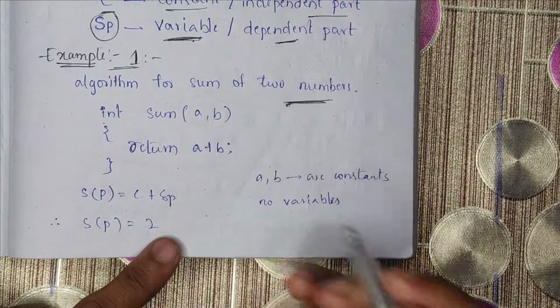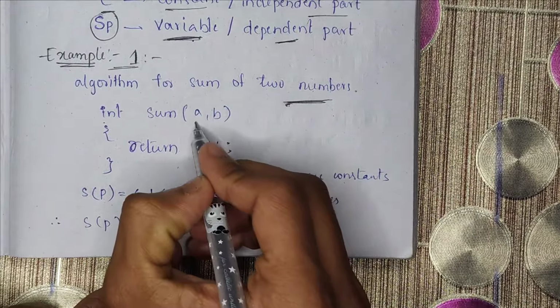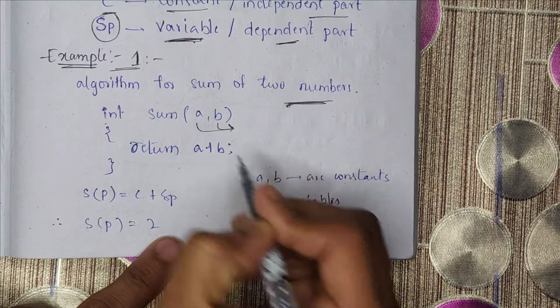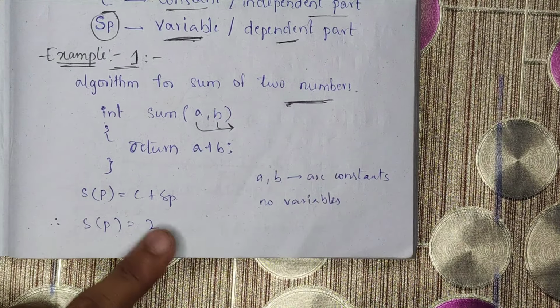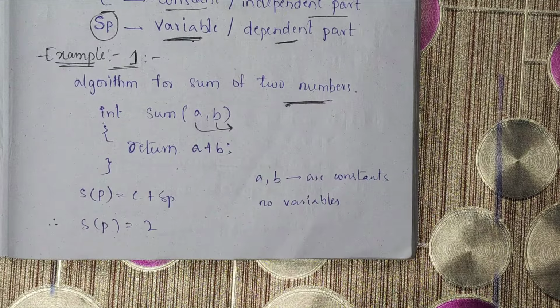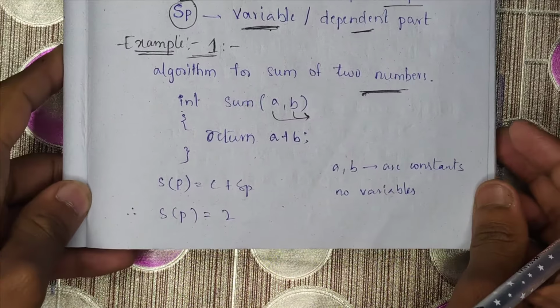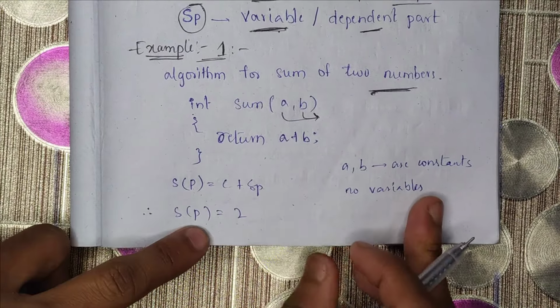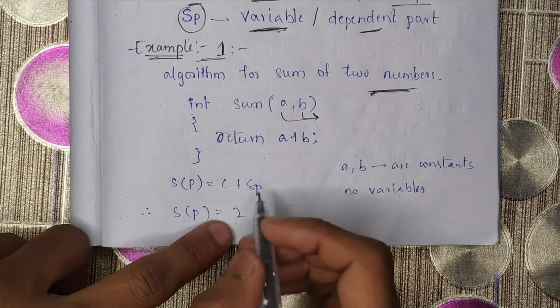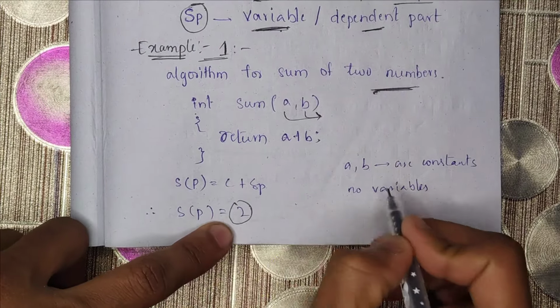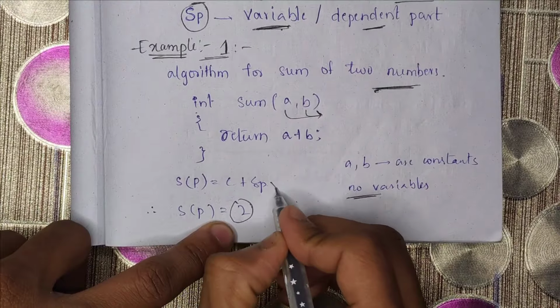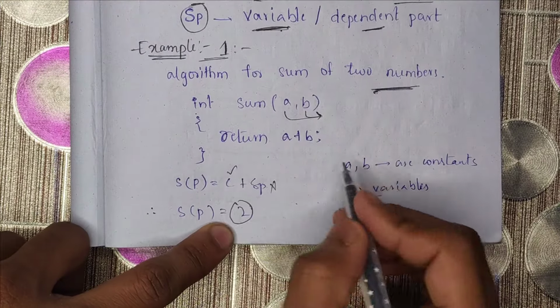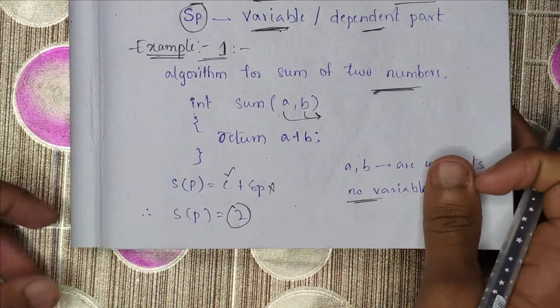Here A is a constant value and B is a constant value which is not able to change, and there are no variables here. So don't confuse: we have no variables, only constants, both A and B.